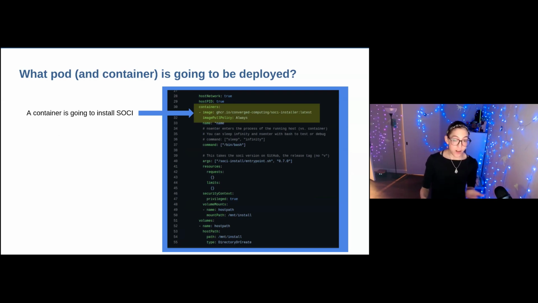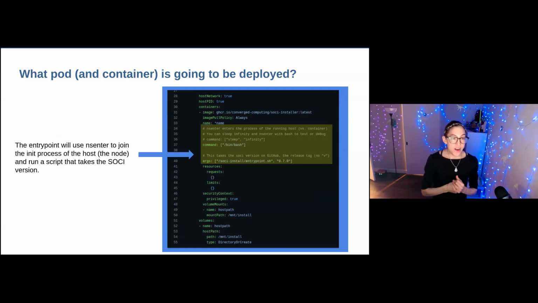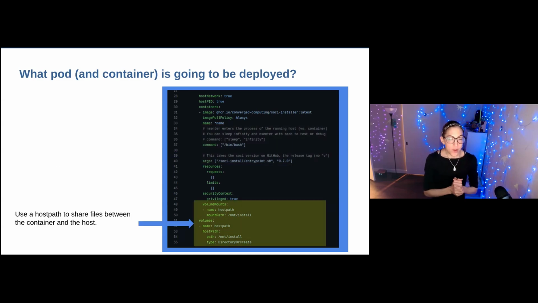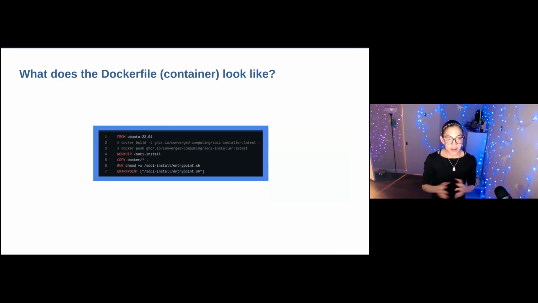The container is going to install SOCI. It is going to use a trick with nsenter to join the init process of the host, which by the way is the node, and then run the script that takes the SOCI version from GitHub. We are going to do another trick where we share files between the container and the host via a host path.